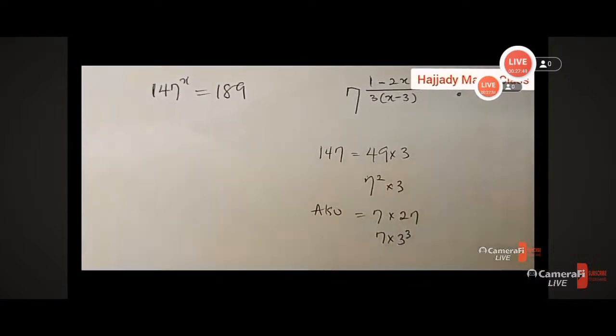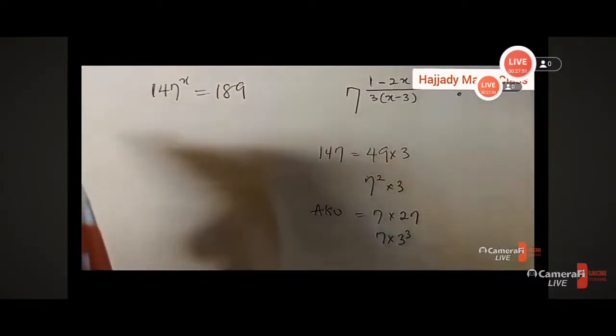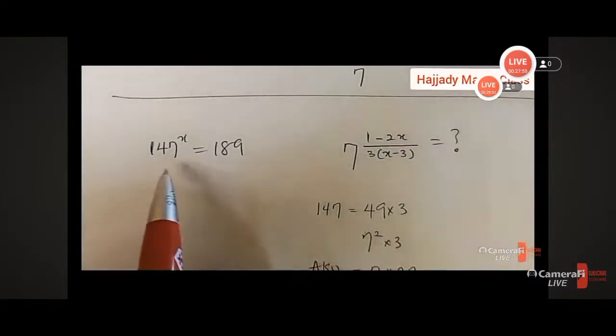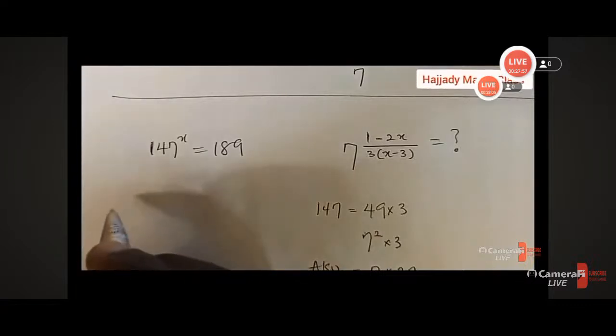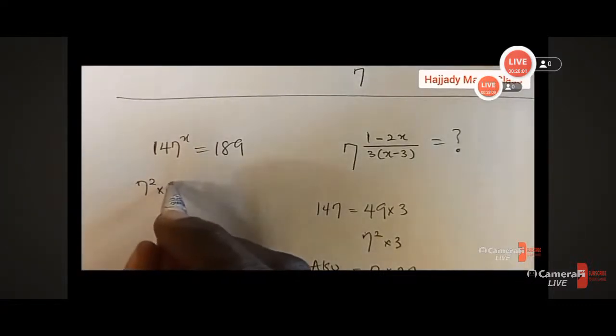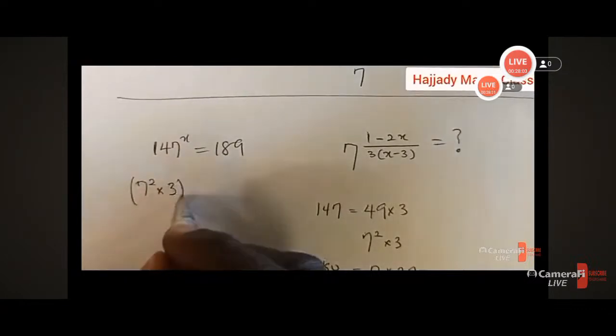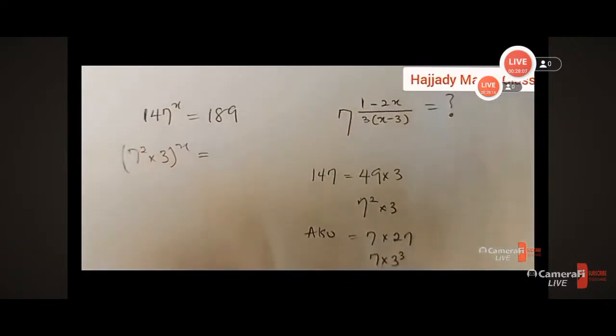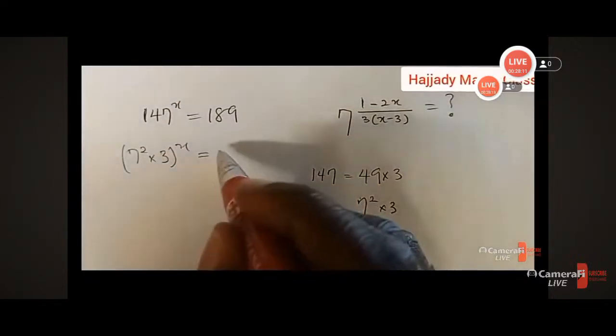Now, having known this, coming back to this, our 147 can be written in this form of 7 raised to power 2 multiplied by 3, all raised to power x, equals 189, which can be written as 7 multiplied by 3 raised to power 3.